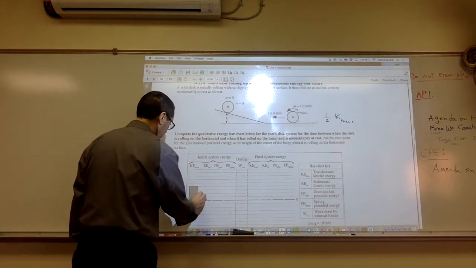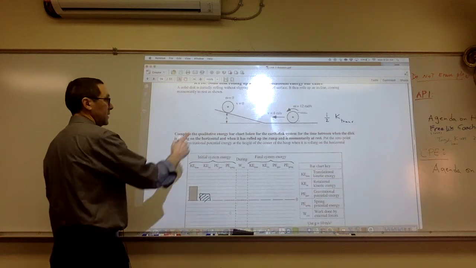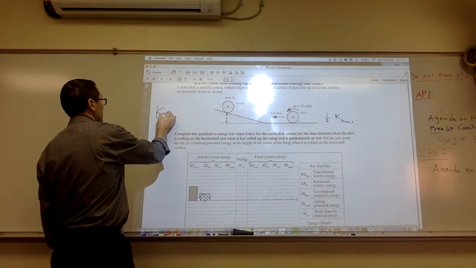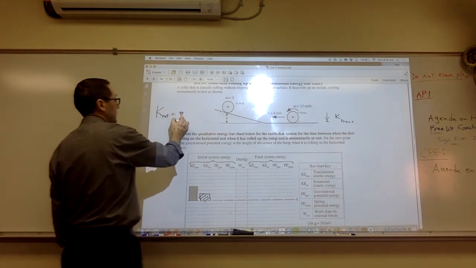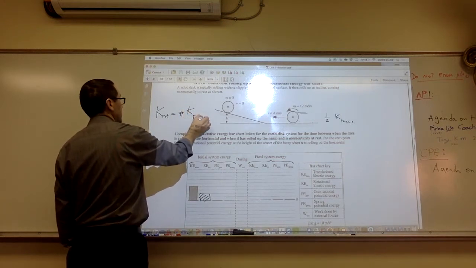So that should be 2 bars here. And I think I explained that. So K rotational is equal to that coefficient for the moment of inertia, or rotational mass, times K translational.